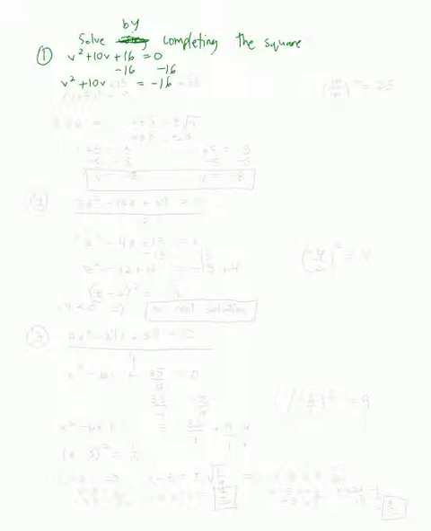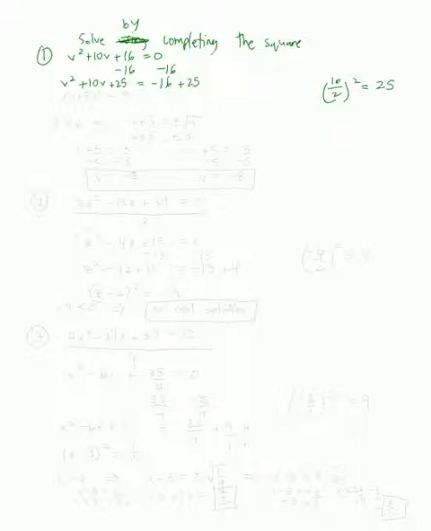Notice I've left space here, and the reason is because I know I'm going to complete the square in a moment. Step 3, take half the middle guy, square it, and add it to both sides. Well, half of the middle guy squared, that's 5 squared, which is 25. So I'm going to add 25 to the left, but I have to add it to the right also. That's the only way to keep the equation true.